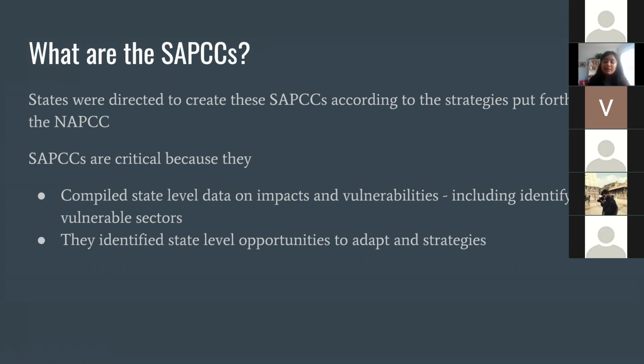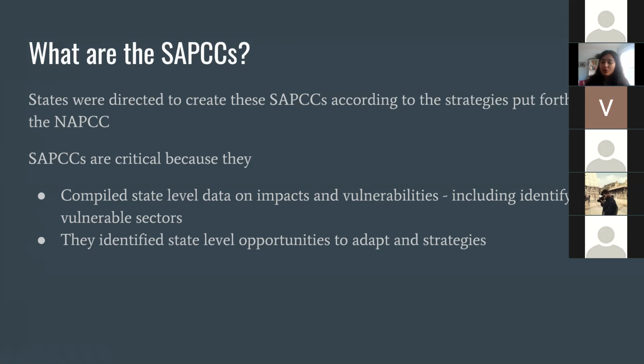So based on the NAPCC, all the states were directed to create a state action plan document for themselves. The SAPCCs were critical because the NAPCC in itself was quite vague, and this was a chance for the states to give their inputs, make it more context specific to their own local context. And there were two parts to it.